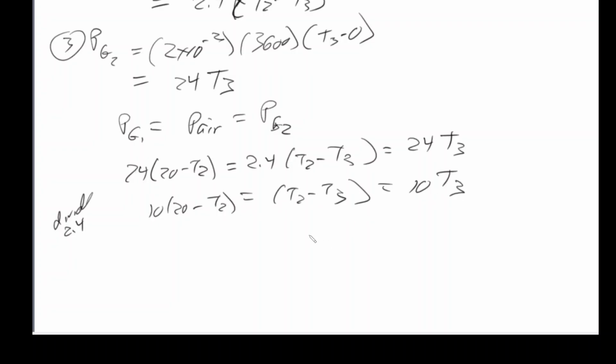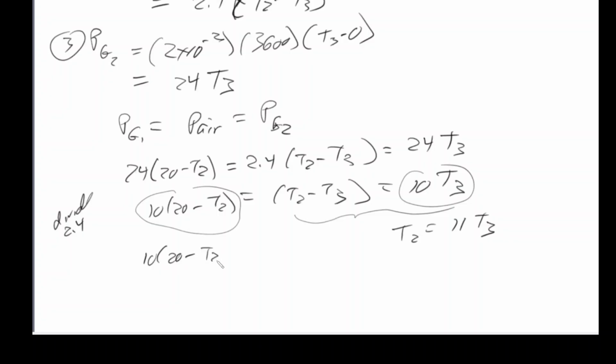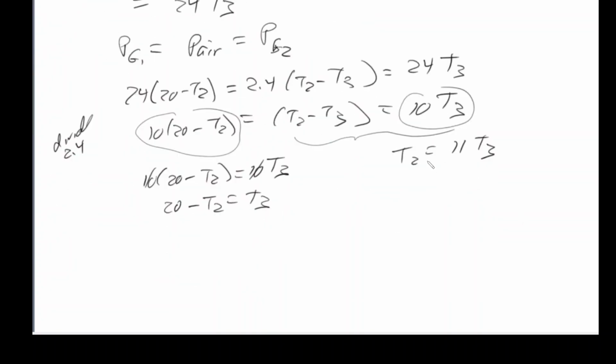So if you look at this equation, we get T2 is equal to 11 T3. And if we take this equation, okay, we have 10 times 20 minus T2 is equal to 10 times T3. The 10's cancel out. We get 20 minus T2 is equal to T3. But notice we said that T2 is equal to 11 T3.